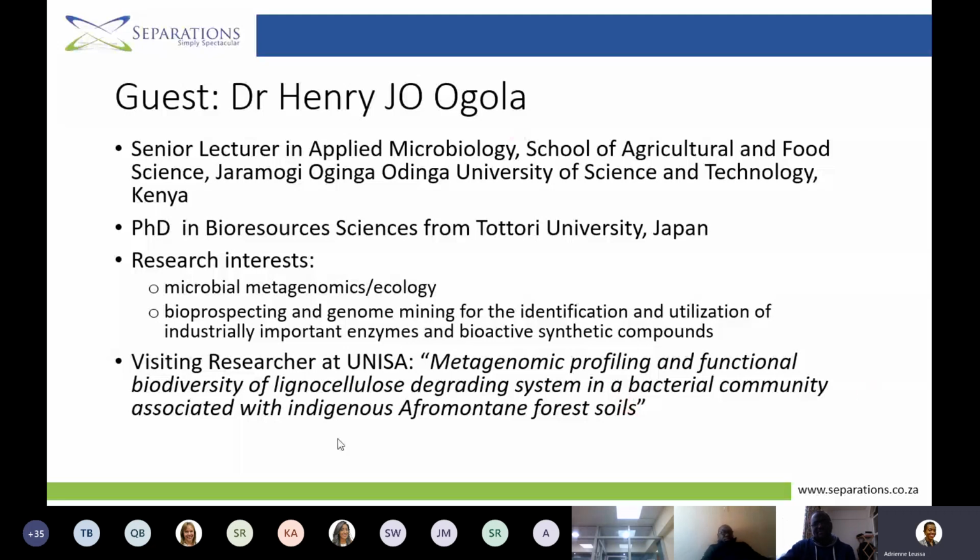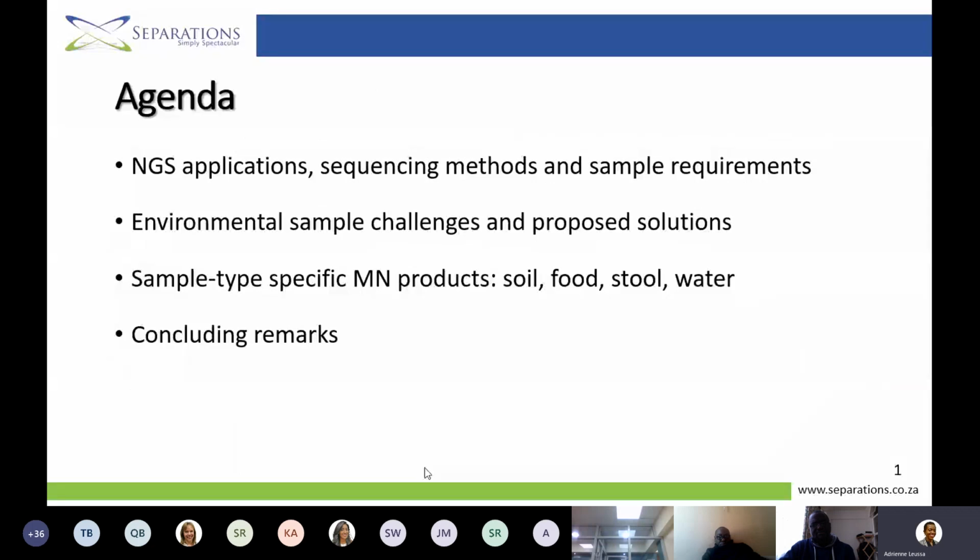Okay, so this morning, my presentation is going to go through looking at some of the ways that next generation sequencing is currently being applied for environmental samples. What are the sequencing methods, and a brief overview of what your sample requirements are for NGS, especially for the Illumina platforms.